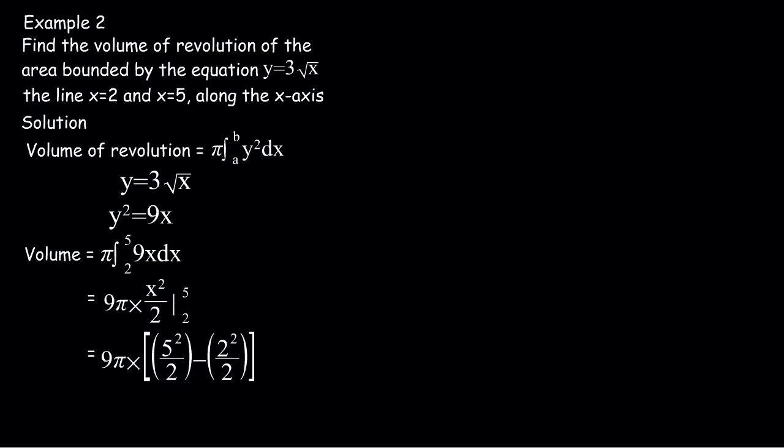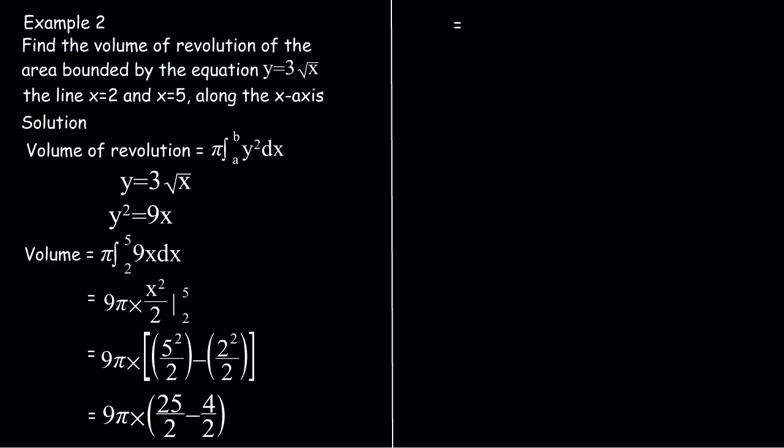Now simplifying our powers, we'll be left with 9 pi times in bracket 25 divided by 2 minus 4 divided by 2. 25 divided by 2 minus 4 divided by 2 is 21 divided by 2. So it will be equal to 9 pi times 21 divided by 2, which is equal to 189 pi divided by 2 cube units.